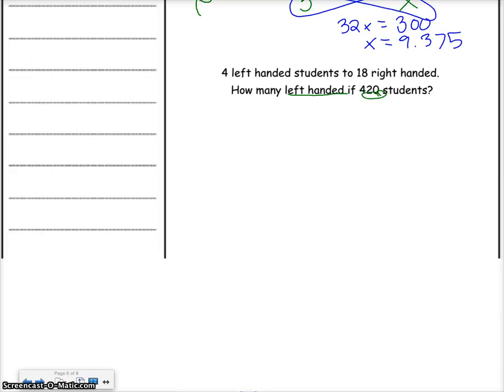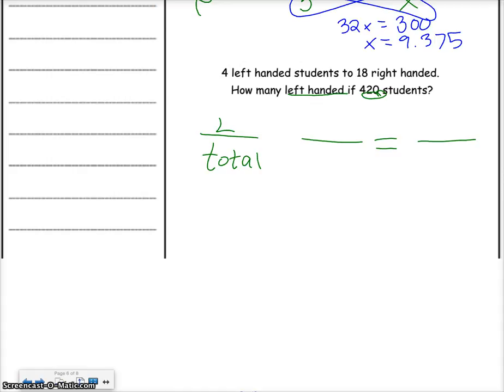So what am I talking about? Left to right, interesting. Is this 420 students right-handed? No. It did not tell me. You cannot assume it's right-handed. That just means a total. That's total students. We're really talking about left is to total.